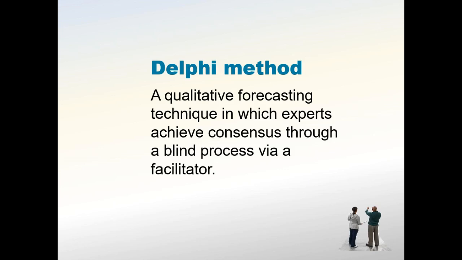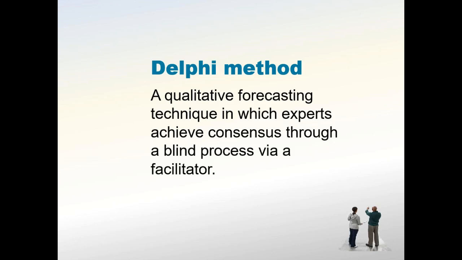So the Delphi method is a qualitative forecasting technique in which experts achieve consensus through a blind process via a facilitator. Now, the facilitator sends each participant the forecasting question and gathers the participants' responses. Then they create an anonymous report of those responses and distribute this report back to the participants.